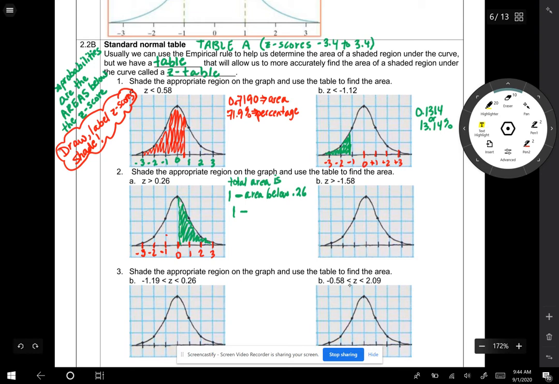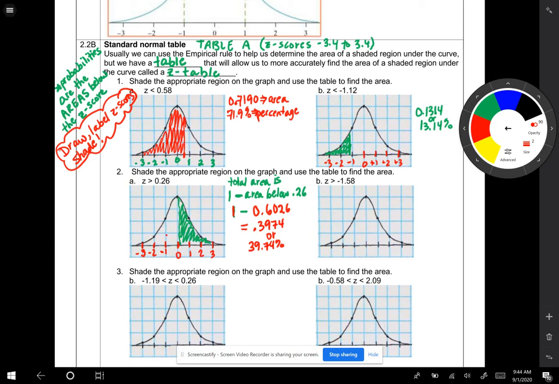We want to do 1 minus that value, 0.6026, and that'll give you an area of 0.3974 or 39.74%. This should make sense. If we did the other, you know that is not 60% because it's to the right of the halfway point. So just got to be aware of those kind of things. Does your answer make sense? So next one.